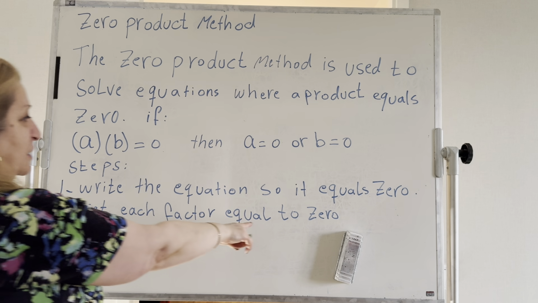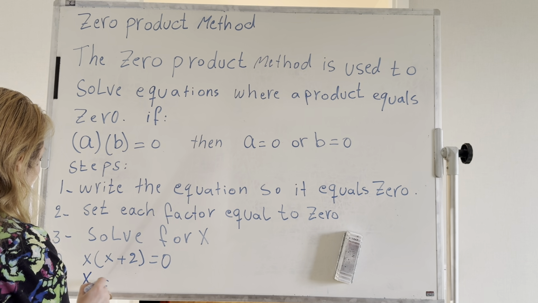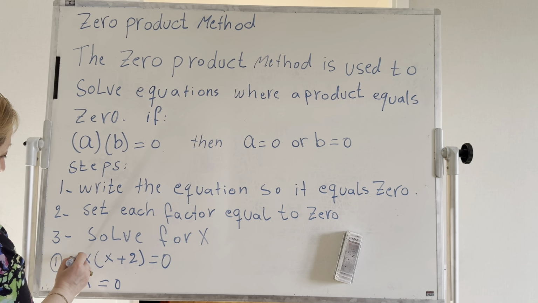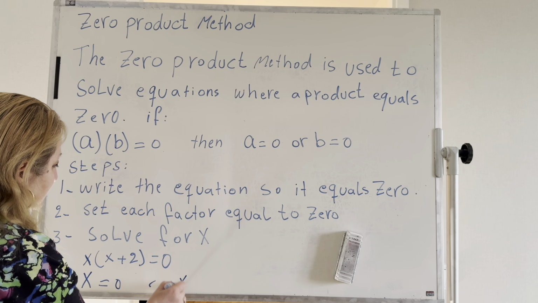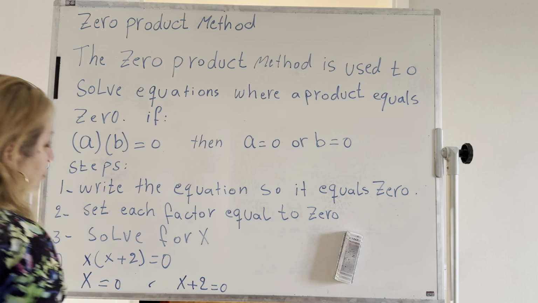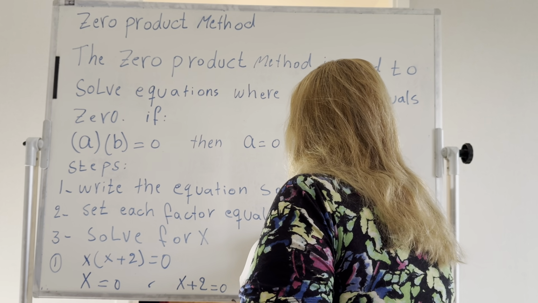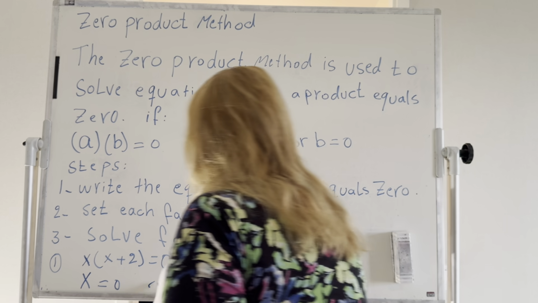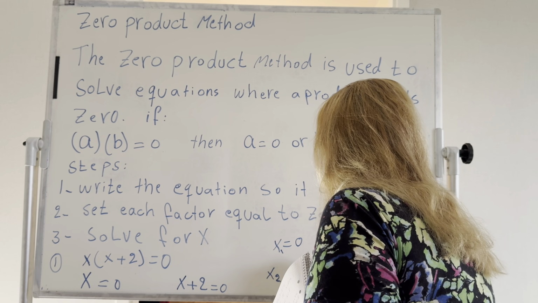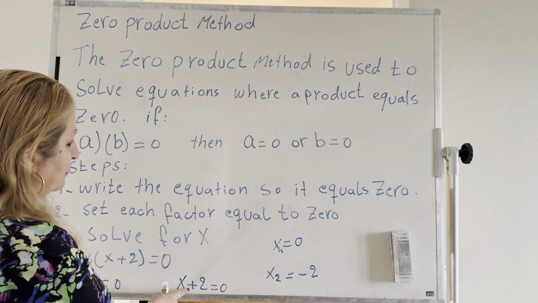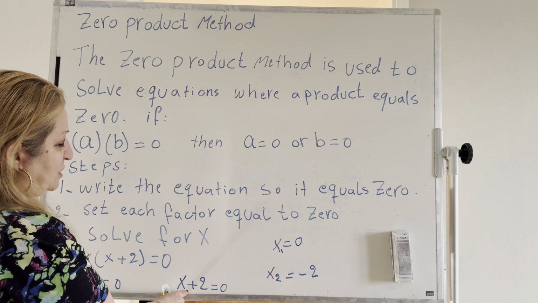Set each factor equal to 0. x equals 0 because we have multiplication here. x plus 2 equals 0. x1 equals 0 and x2 equals minus 2, because when we're moving plus 2 to the other side of the equation, we change the sign.